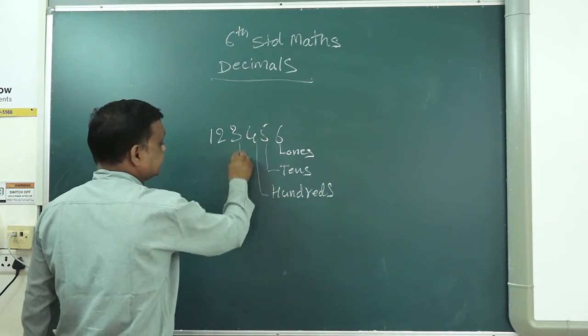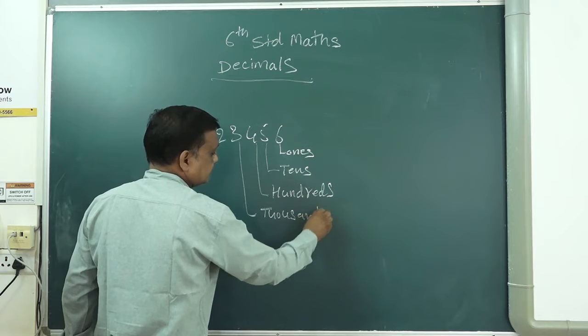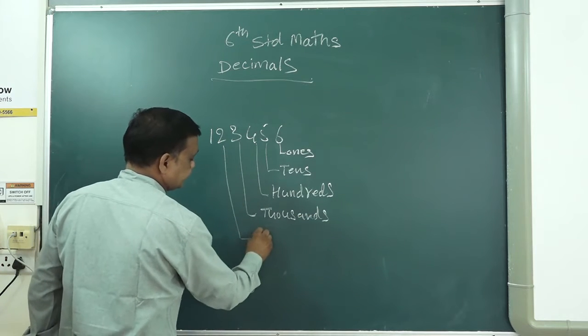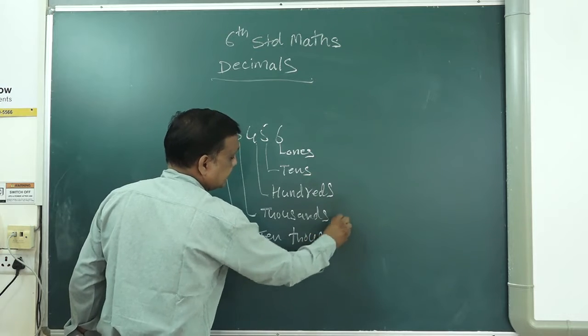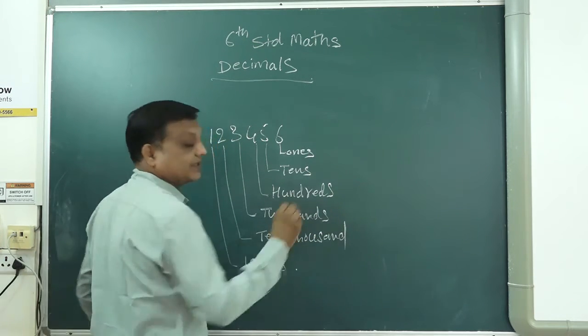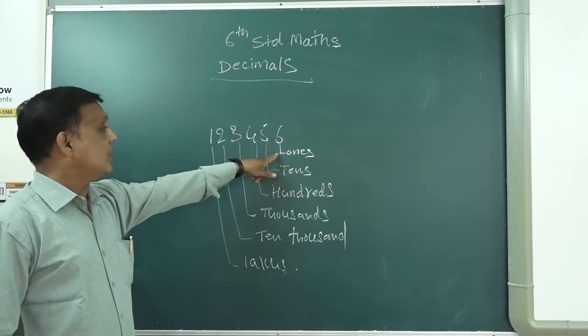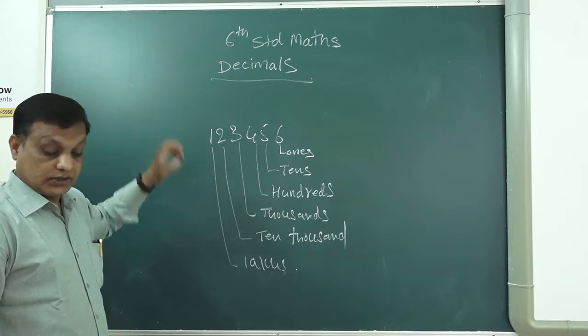This is hundreds. Thousands. Ten thousands. And lakhs. So on, the places go: ones, tens, hundreds, thousands, ten thousands, lakhs, and so on.